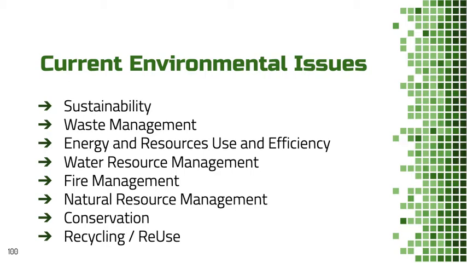We also need to think about the energy and the resources that we use, and whether those resources are being used efficiently, e.g. not wastefully. We need to think about the way that we manage water resources, the way that we manage fire, natural resource management in terms of trees, okay? And we also talk about conservation projects.